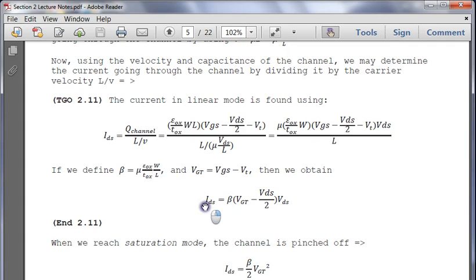So in order to determine the saturation, we just simply know that the channel's pinched off, so VDS becomes 0, right? Here, we're going to get VGT squared, because now that just means that our gate source and VT apply equally.